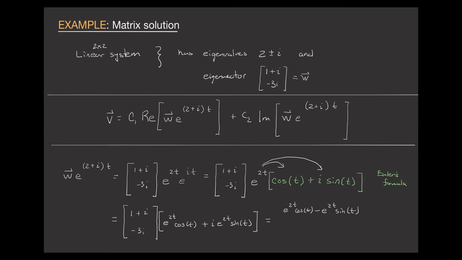Where did that come from? Where did we get the minus? The minus came from taking i times i e to the 2t sine t. i squared is, of course, negative 1. That's what gives us this negative here. And then, correspondingly, I'm going to need to move this over.